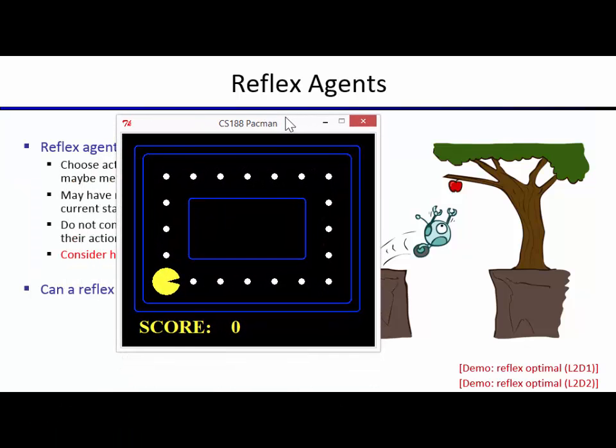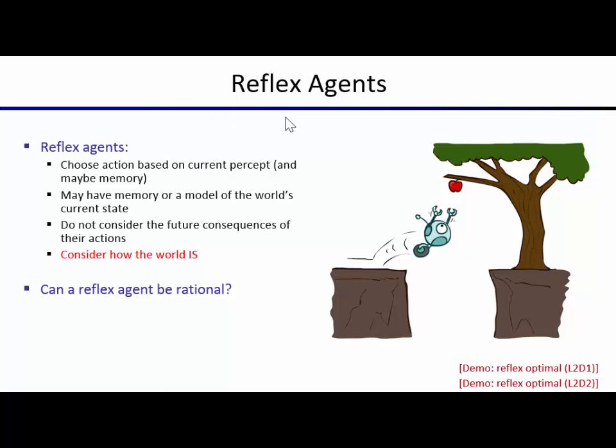There it is. So this is a Pac-Man board, and this Pac-Man is programmed to just move to the closest dot, so in the direction of the closest dot. So it sees a dot east from it, it moves east. So let's see what happens. Now the closest dot is north, west, south, and actually cleans the board in an optimal way, even though it's just using a reflex policy.